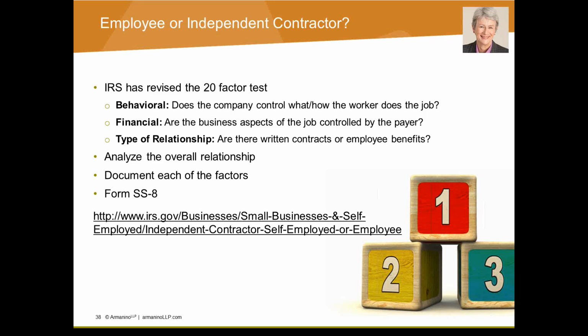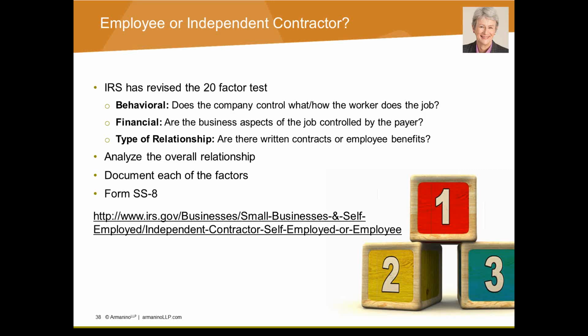Businesses must weigh all of these factors when determining whether a worker is an employee or independent contractor. And as we discussed when we were looking at the relationship between the service provider and the entity receiving the services, some factors will indicate the worker is an employee, while other factors will indicate the worker is an independent contractor.